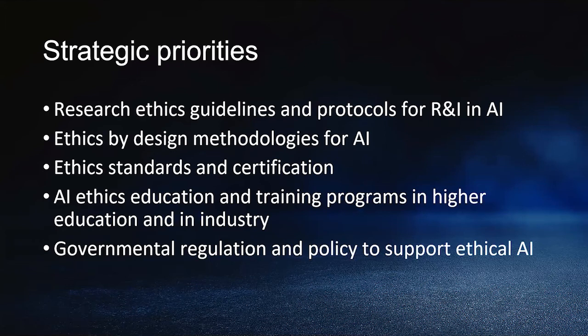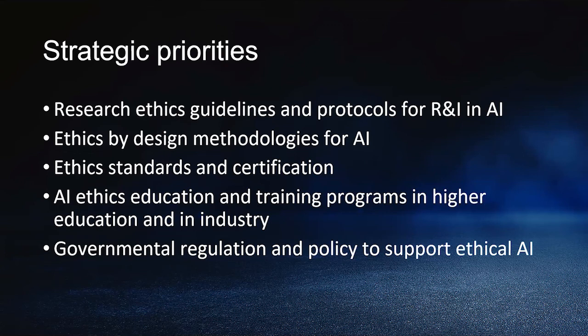We also advocate certain strategic priorities for what we think is currently especially important for the ethical development, deployment, and use of AI, which are, first of all, research ethics guidelines, both for use in research institutions, universities, used by funding organizations like Horizon funding, as well as in industry.